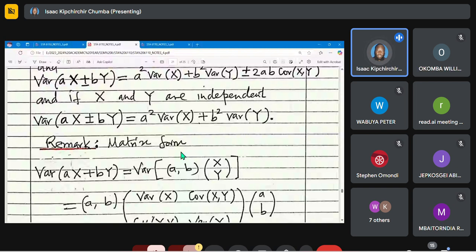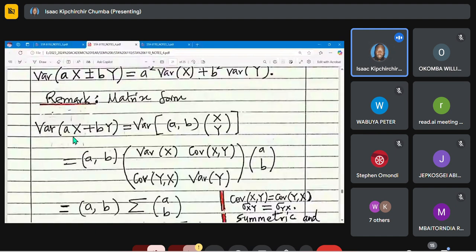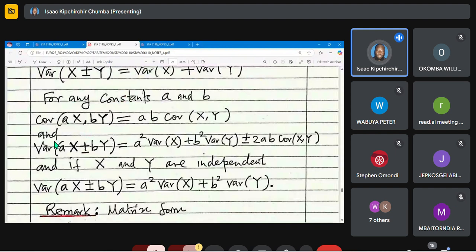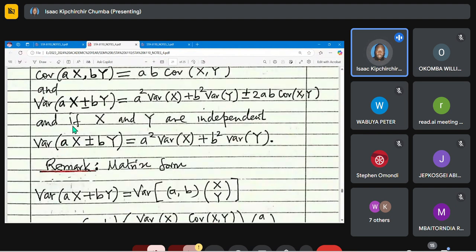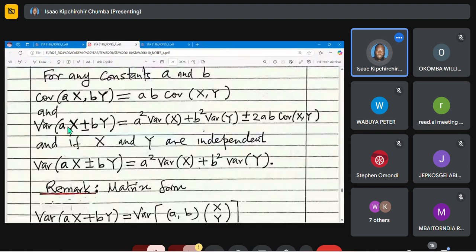So there's a way of expressing this. For instance, look at this general one here. We have said the variance of ax plus by, a linear function of x and y. I've taken the case for the plus.